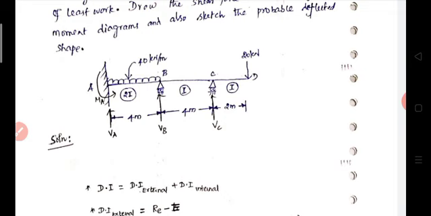In this problem I have taken VB and VC as the 2 redundants. Your task is to select the other 2, VA and MA, as redundants, and with their help you may solve the problem.